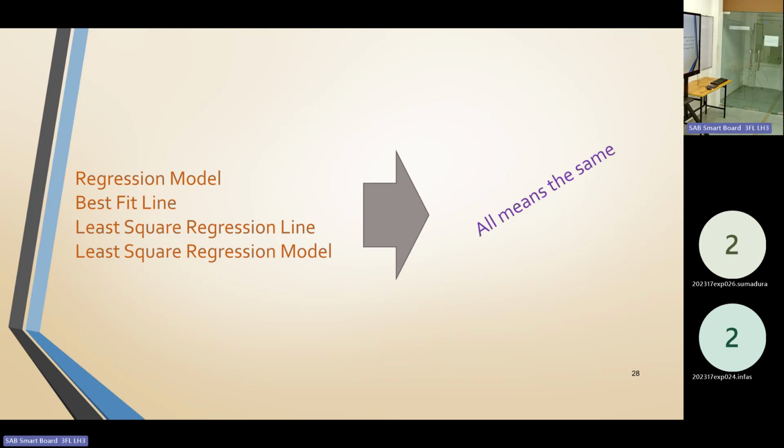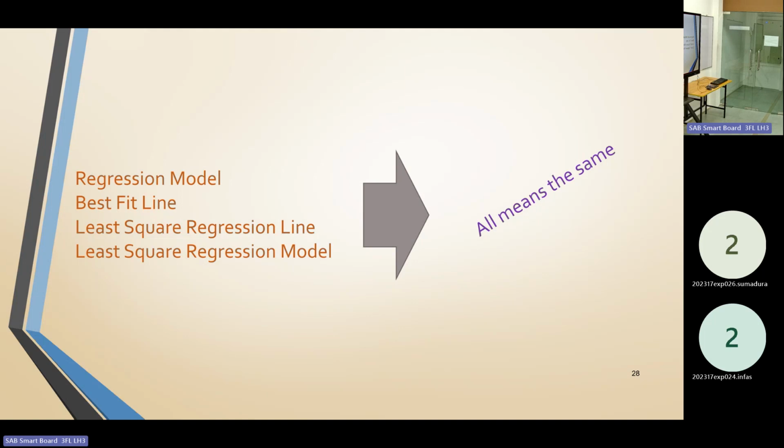So that example illustrated how to develop the regression model. After developing the regression model, whenever we calculate a measure, we should be able to interpret it.